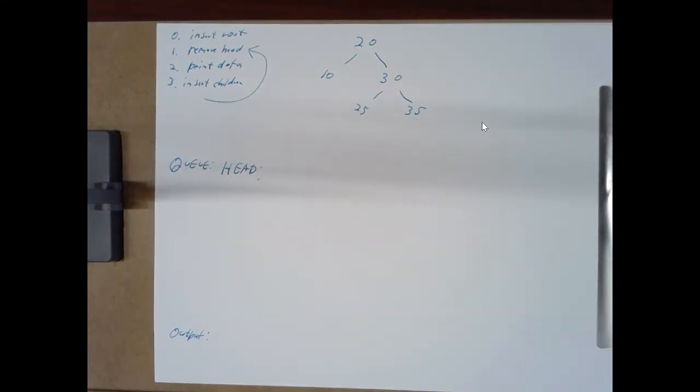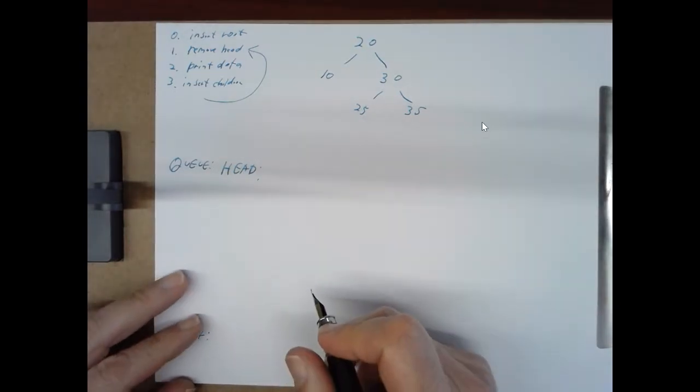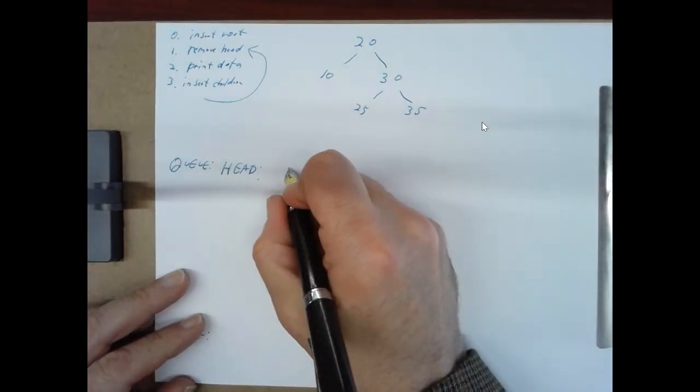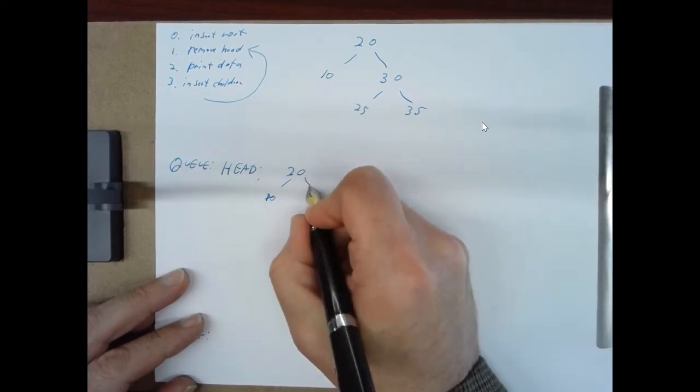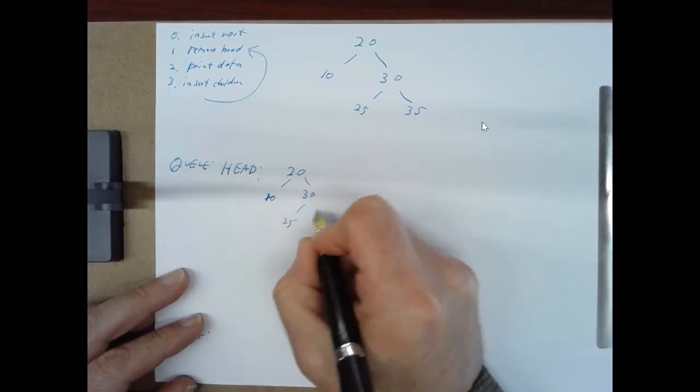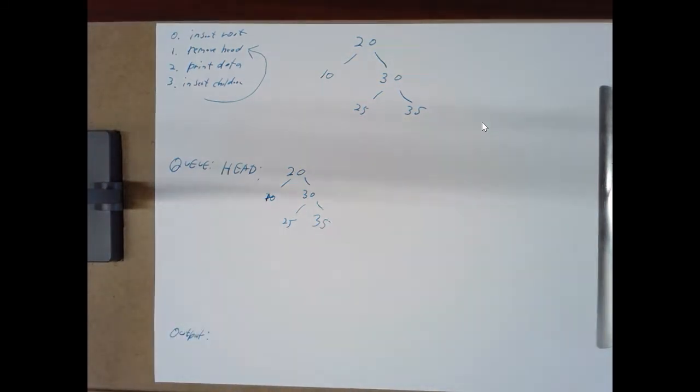You want it to do left and then right? Left and then right, yeah. So the first thing we do is insert the root of our tree. So here's what's basically in our queue. It's a little tree, and what we're storing is the address of the root, but it's basically pointing to this whole structure.